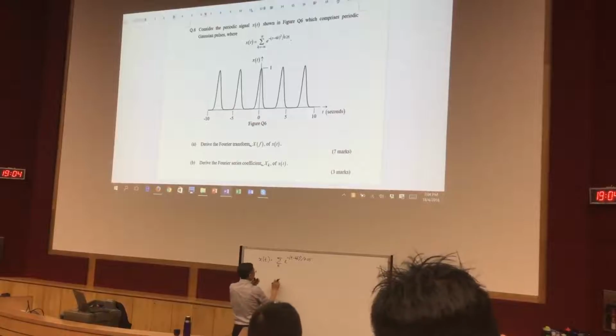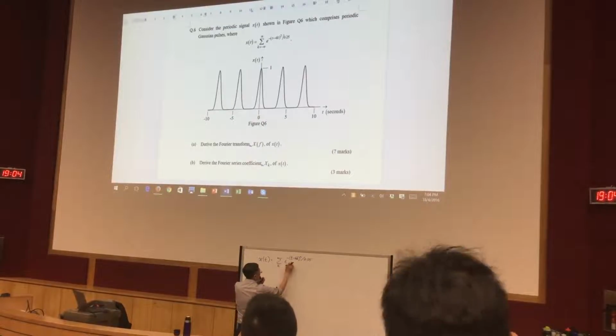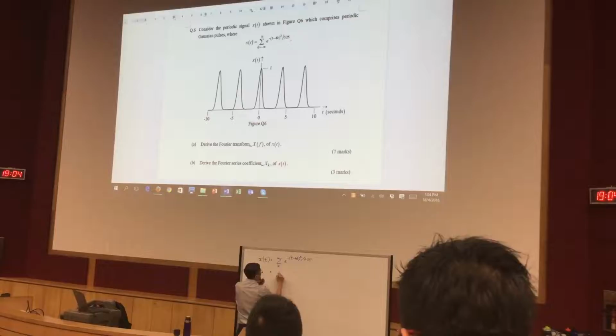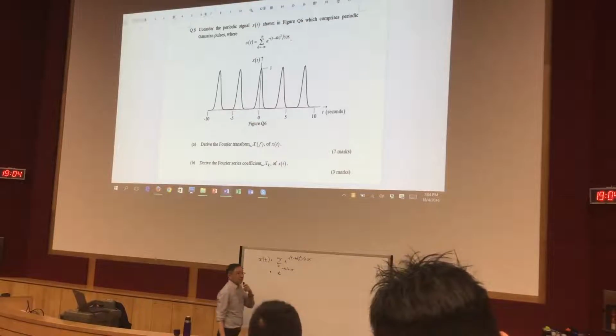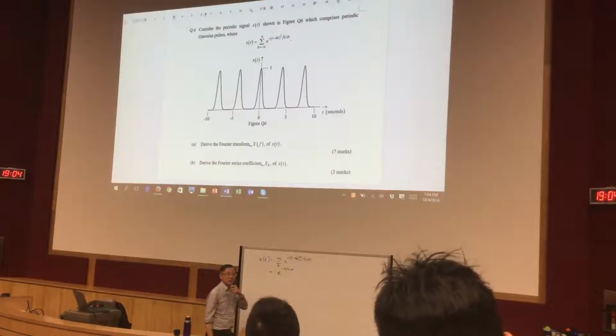So what's the generating function here? The generating function is that. That's your Gaussian pulse, which is being repeated.